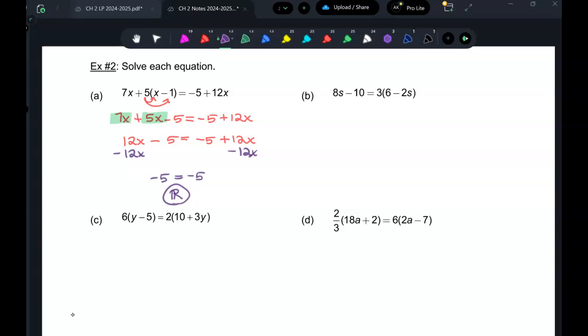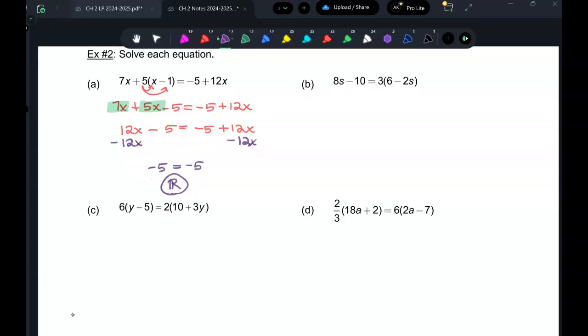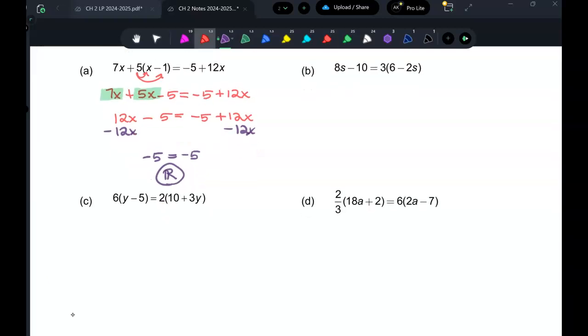Okay, how about B? Who can help with B? Eli? So 8s minus 10 equals 18 minus 6s, and then you do plus 6s. Good. Add 6s on each side, and then you get 14s minus 10 equals 18.